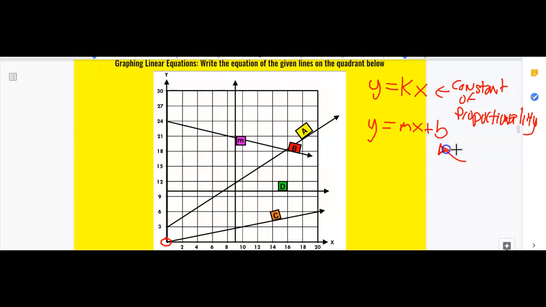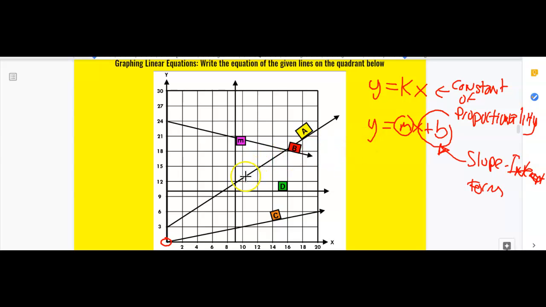And then over here we have our slope-intercept form. This being our y-intercept, this being our rate of change, and this being our x value that gets influenced. So we have those equations there.